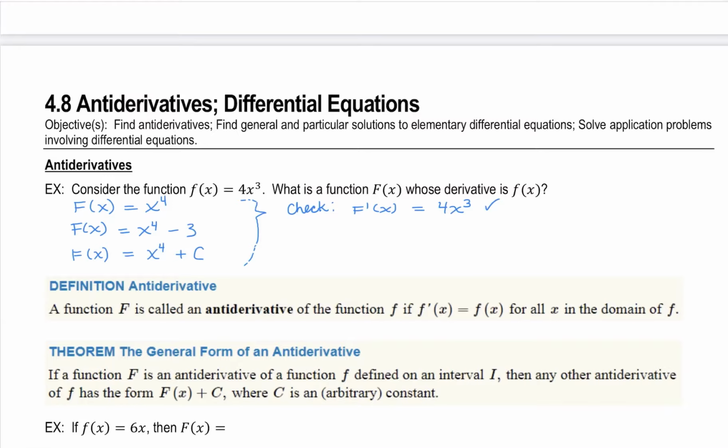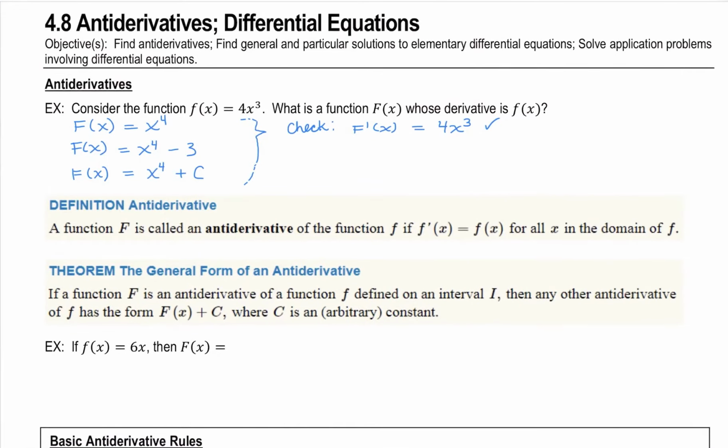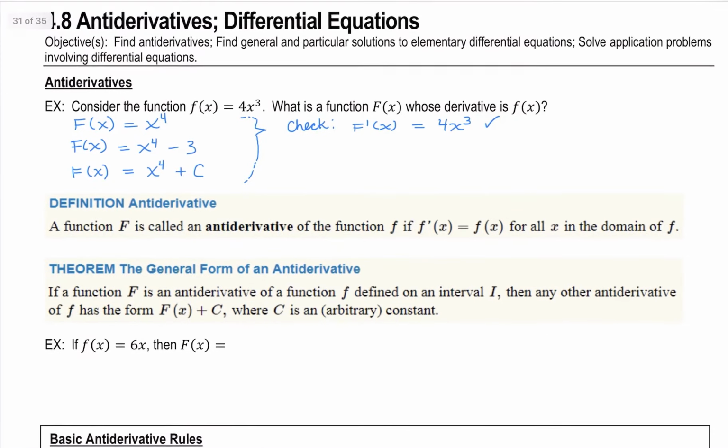So our definition is a function capital F is the antiderivative of lowercase f if, and we have a typo here that we need to fix, this is right from your book, but when you take the derivative of capital F, so this should be capital F prime here, not lowercase f.